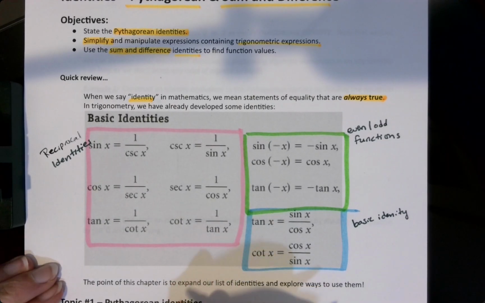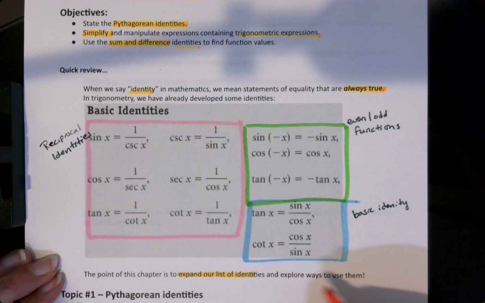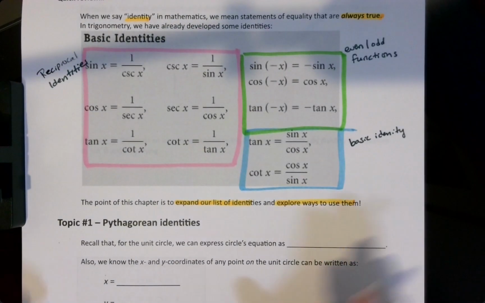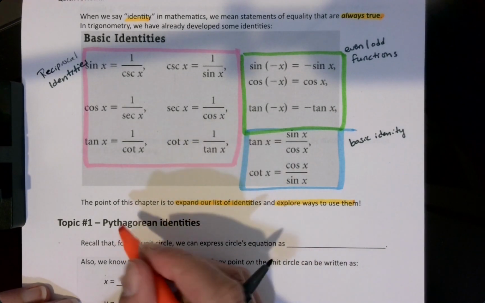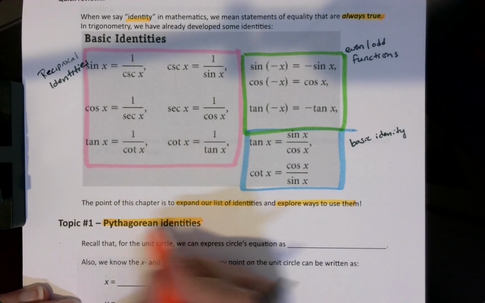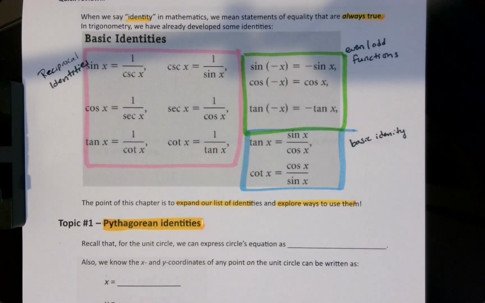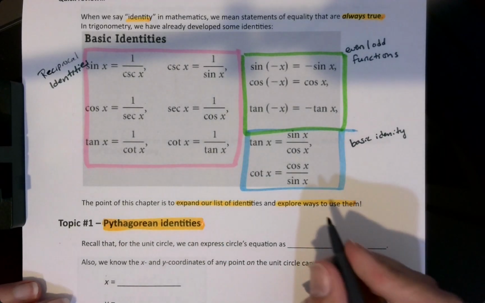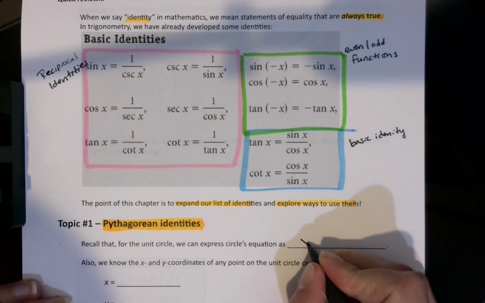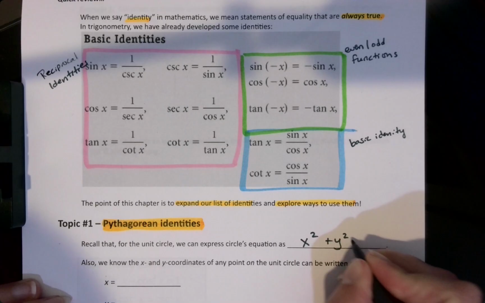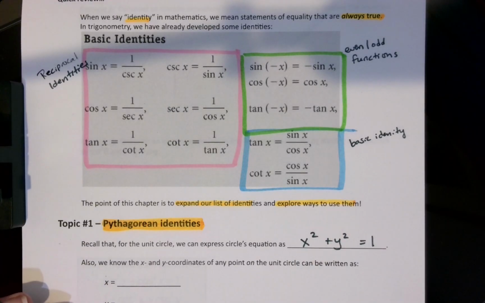Topic 1, we're going to look at those Pythagorean identities. Recall that for a unit circle, we can express the circle's equation as x squared plus y squared equals 1. This circle has center at the origin, so no coordinates, x plus 0, y plus 0 right here for x squared, y squared, and a radius of 1.